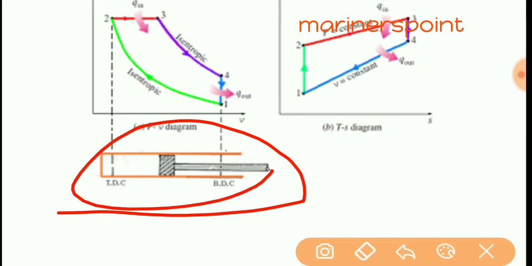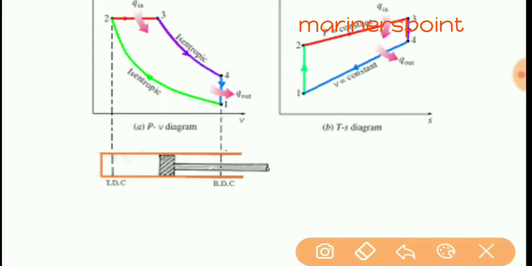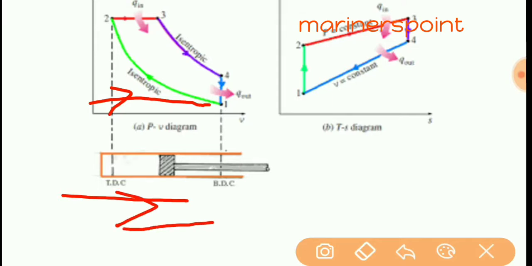Here we see the IC engine going from BDC to TDC. Combustion starts from air suction. When the piston goes from TDC to BDC, air will come in, and now when it goes up, this process takes place. Isentropic means no heat is added, no heat is rejected. Sorry, isentropic means no entropy change.